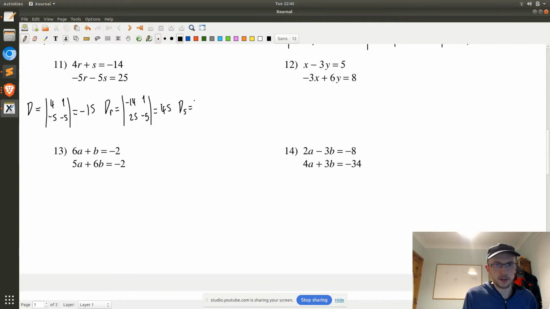The determinant of S, or ds. $100, take 70, 30. Now solve and solve. Good. Next.